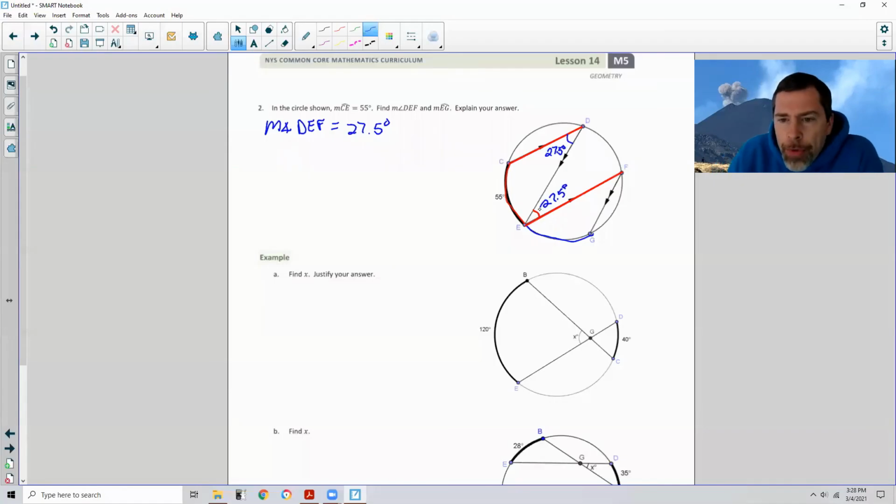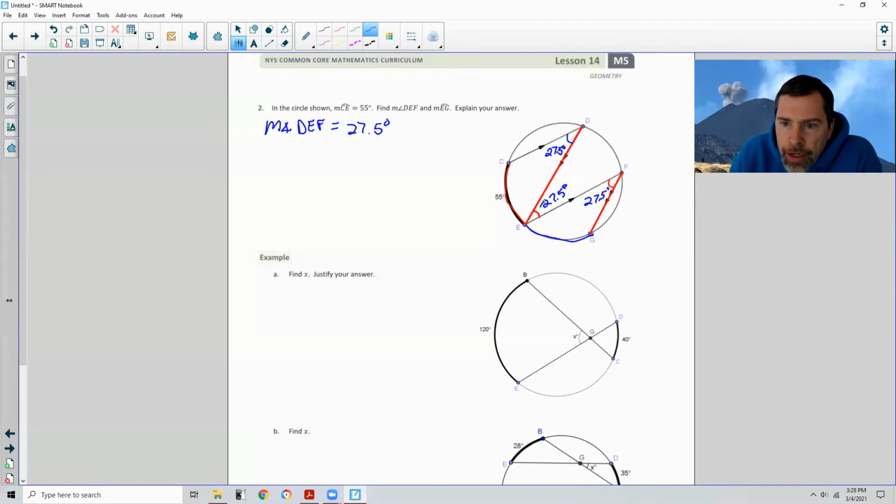Okay, so now I'm going to focus on, now watch what I'm going to do here. Now we want to know what this is. Well, if we have DE parallel to FG, now these two red lines here are parallel, and now EF is a transversal. We now have two parallel lines cut by a transversal, and once again, the alternate interior angles are congruent, and so therefore the measure of angle EFG is 27.5 degrees.